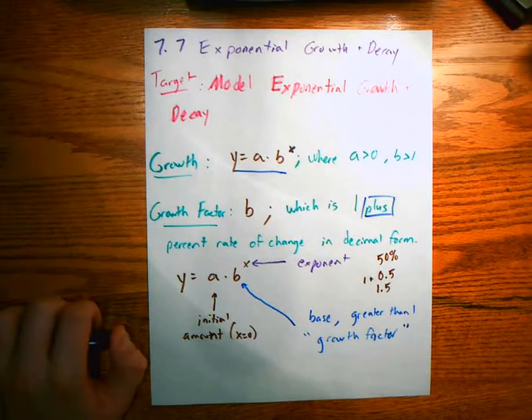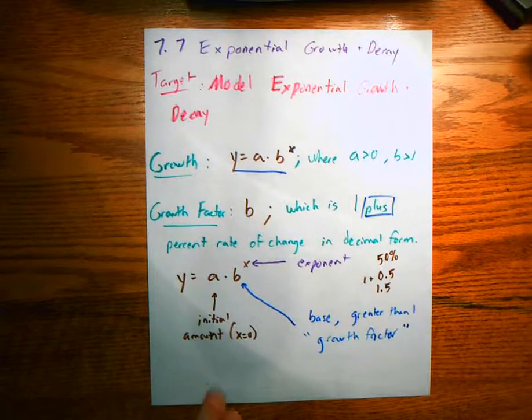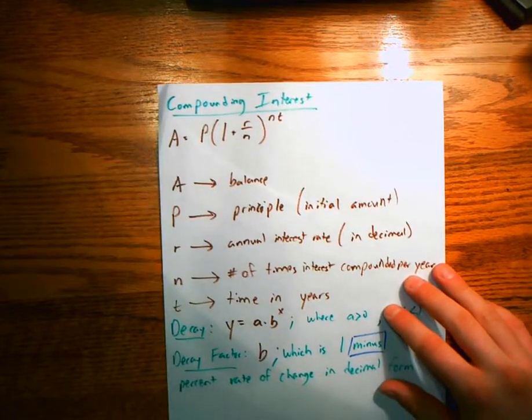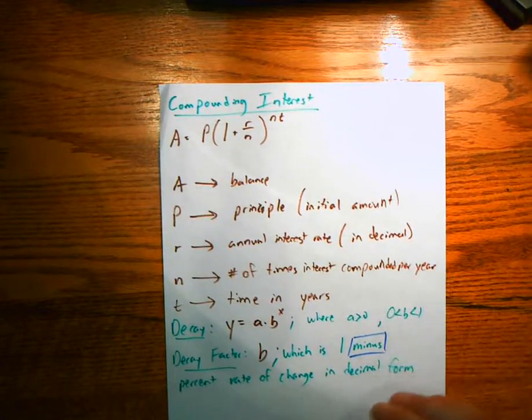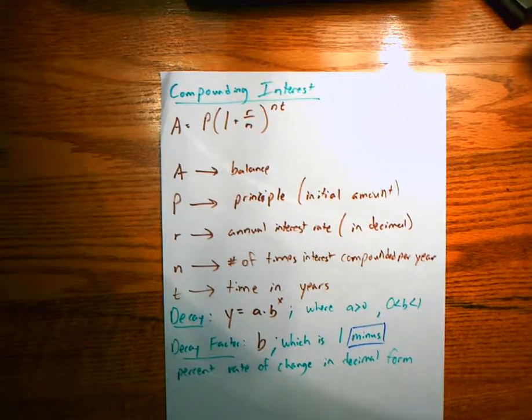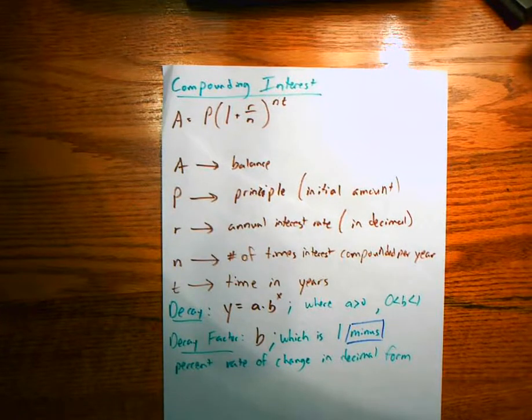Now we'll go through a few examples on the difference between growth and decay, but before we get into decay, there's a very important, most useful exponential growth equation that everyone will be using at some point in their life, and that's calculating compounding interest.